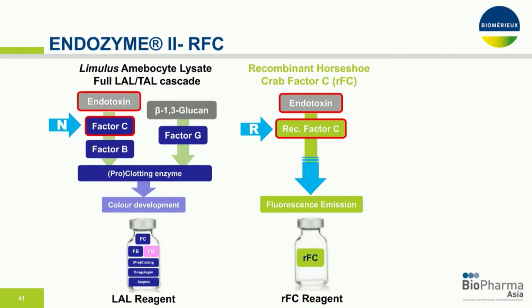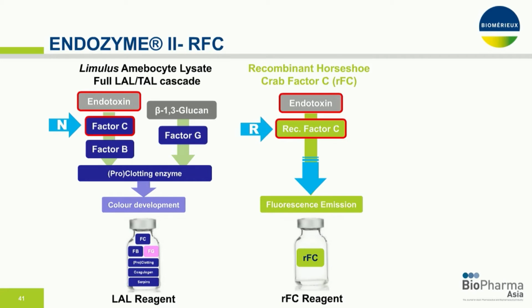If we look at the cascade of the reaction that comes from the horseshoe crab, that is the means of detecting endotoxin in LAL, on the left-hand side, we can see there are a number of proteins in there. There's factor C, factor B, factor G, the so-called beta-glucan detecting biosensor.